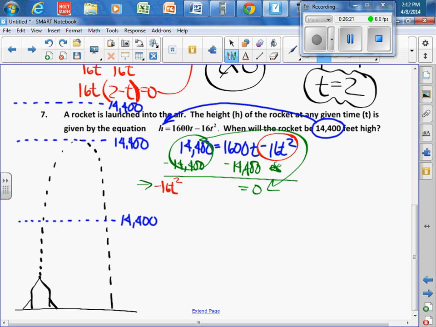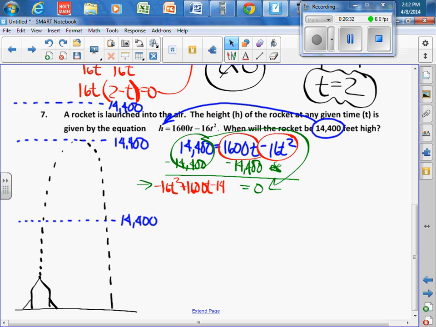Then I'm going to take this one and put it next. That's a positive 1600t. And then minus 14,400 equals 0.